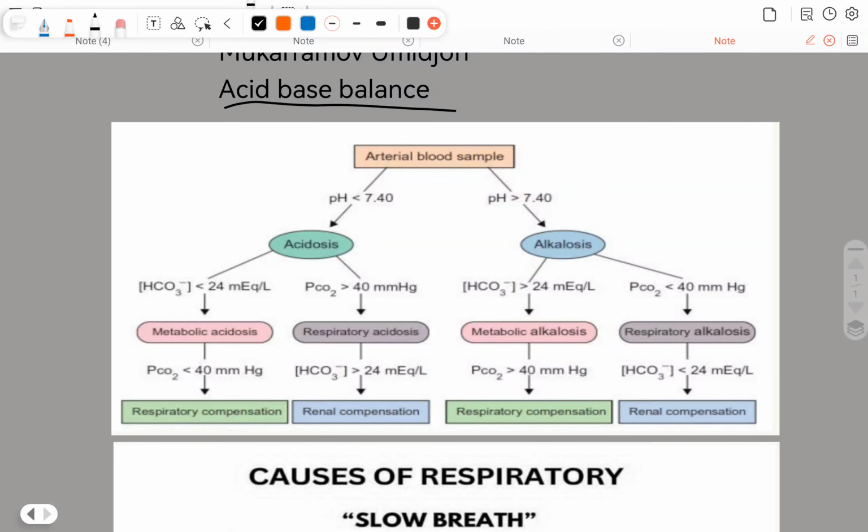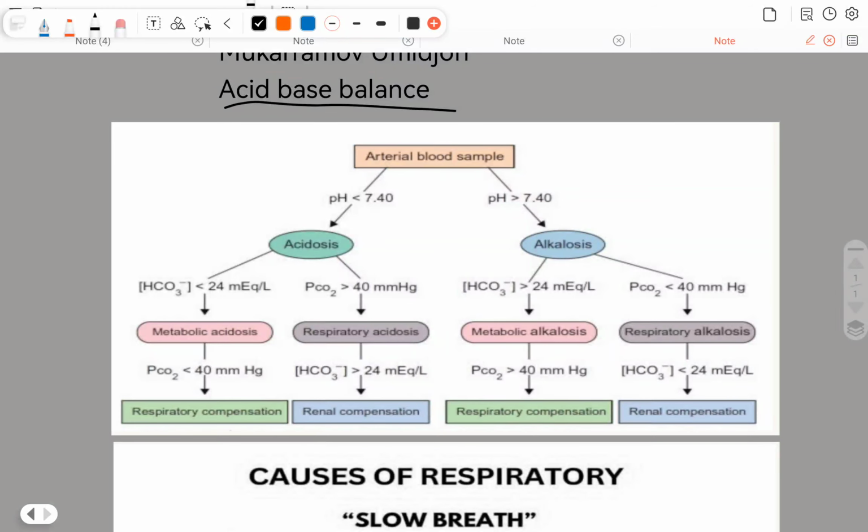If the pH is below 7.40, it's acidosis, and if it's above 7.40, it is alkalosis. Acidosis means that there is a high amount of acids, that is hydrogen ions, and alkalosis means that there is not enough hydrogen in our organism.